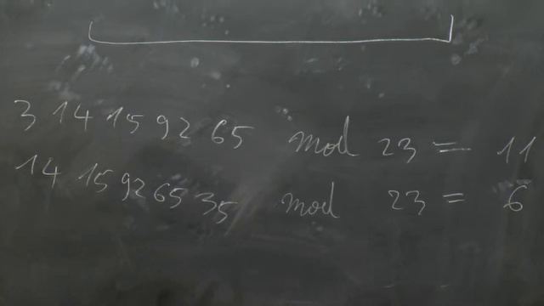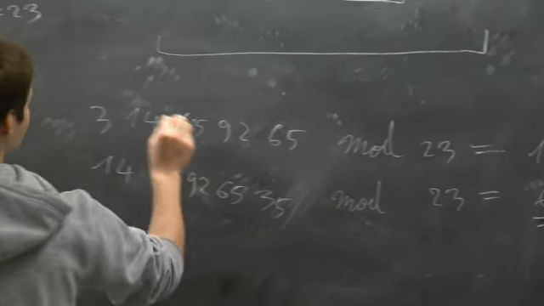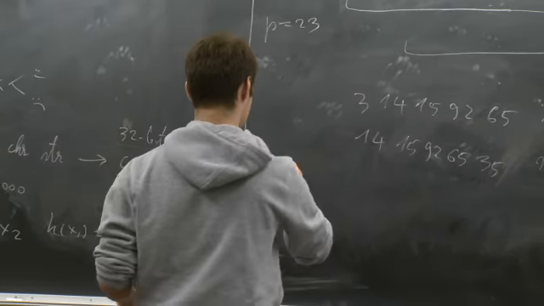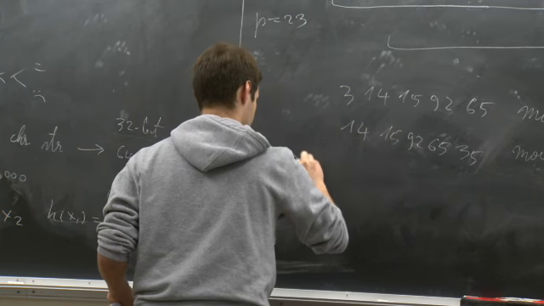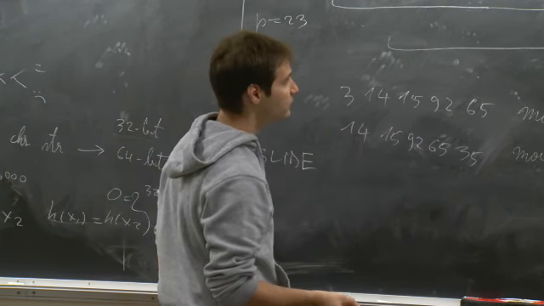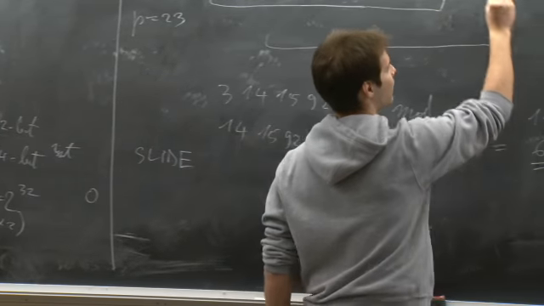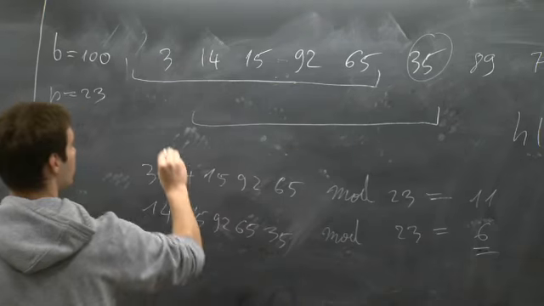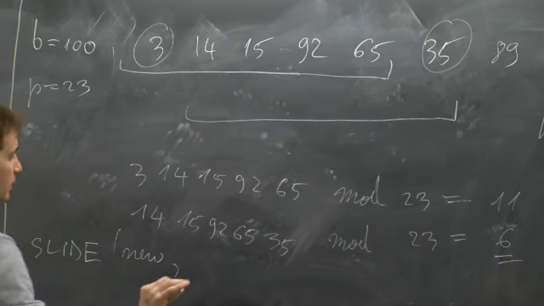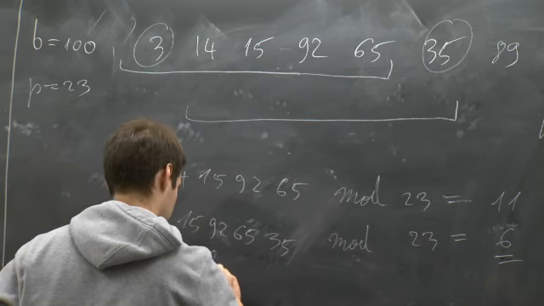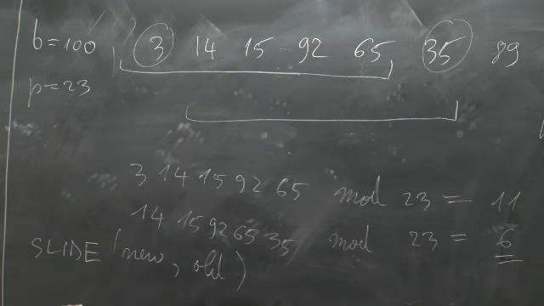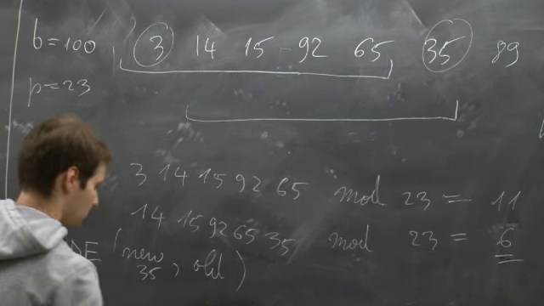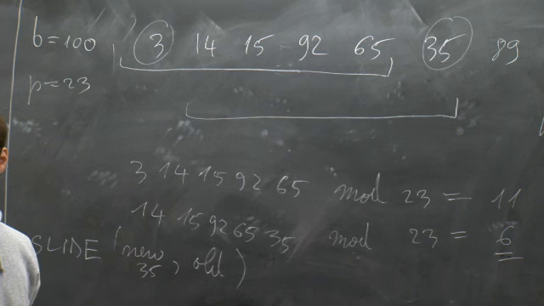All right. So let's implement an operation called slide. And slide will take the new number that I'm sliding in and the old number that I'm sliding out, making my life really easy. So in this case, the new one is 35, and the old one is 3.